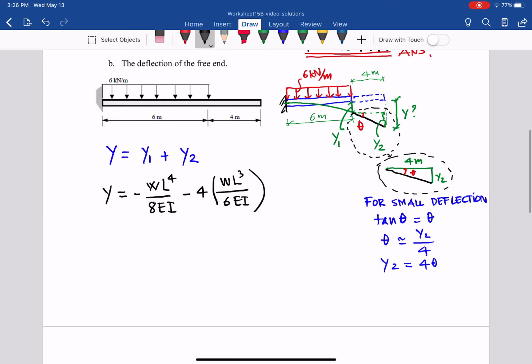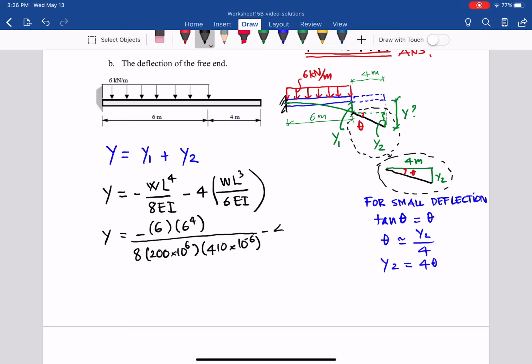Plug in: W equals negative 6 kilonewton per meter, L equal to 6 to the power 4 over 8, E equal to 200 times 10 to the power 6 kilopascal, and the area moment of inertia in meter to the power 4, 410 times 10 to the negative 6.